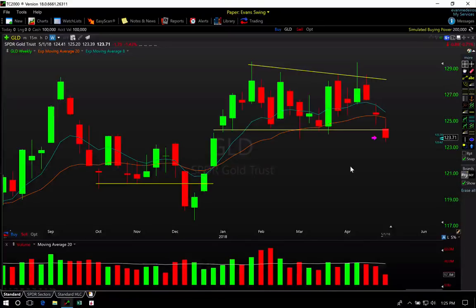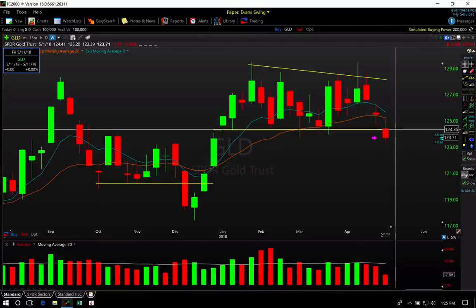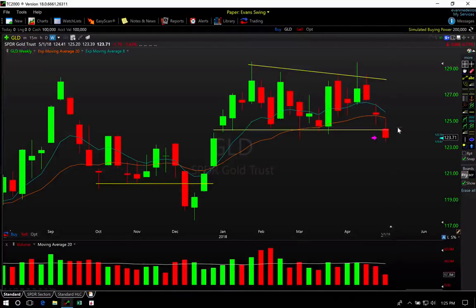So for the bulls in GLD, they're really going to want to see a reversal into the weekend. This weekly candle, I think, is going to be important, and if you're a gold bull, you want to see us recovering this early damage and getting a close north of, say, 124.50.